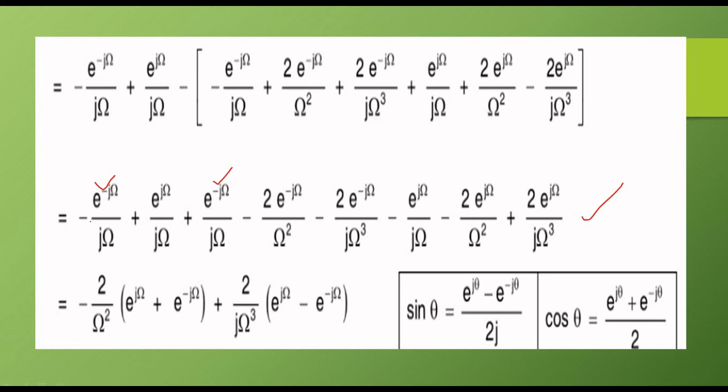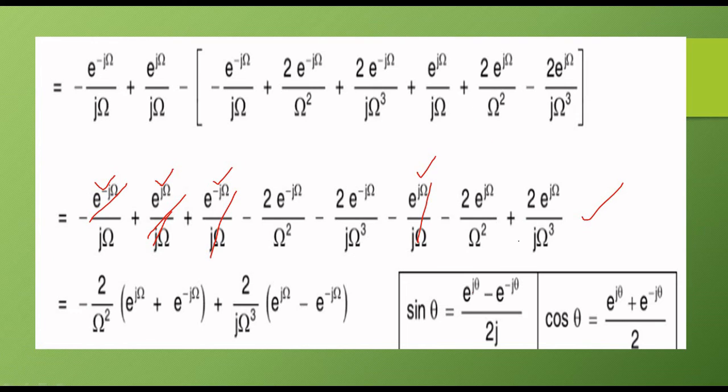This is negative first term, third term is positive, so we will simply cancel it out. Now look for this one, e power j omega by j omega. This is positive here. Look for a negative term, and yes, we have it here: minus e power j omega by j omega. So cancelling out both.